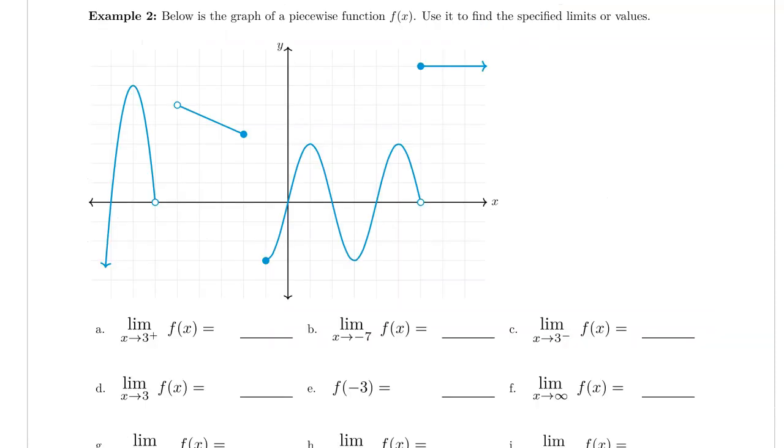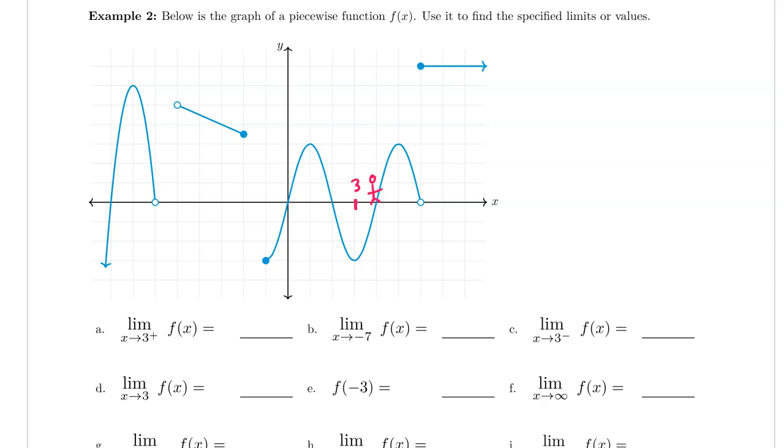Example 2 says, below is the graph of a piecewise function f of x. Use it to find the specified limits or values. In part A, we want to find the limit as x approaches 3 from the right-hand side of our function. So, from the right-hand side, let's first find x equals 3, which is right here. That means that we have a little person on the x-axis, and in this case, notice that the balloon is kind of going underneath the ground.